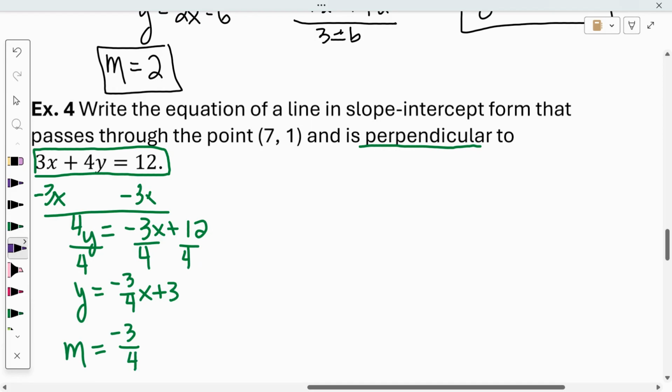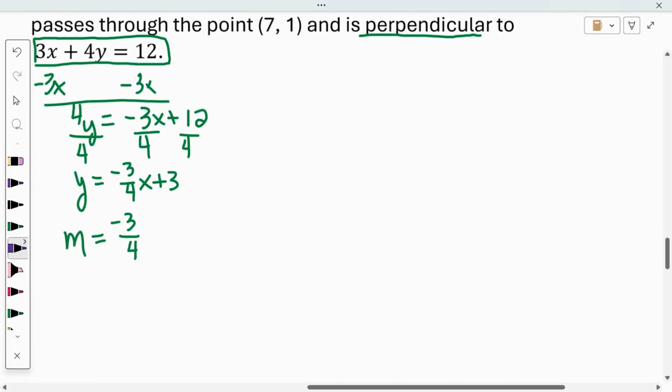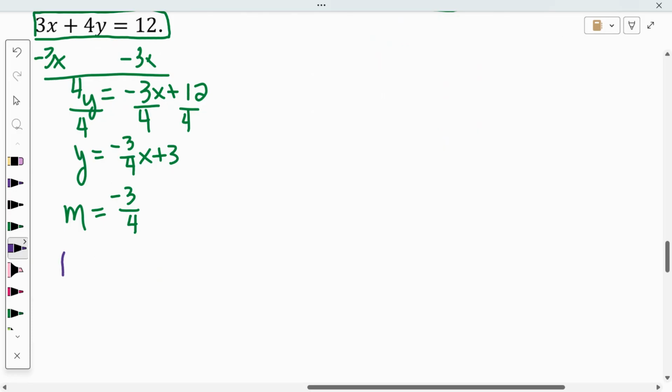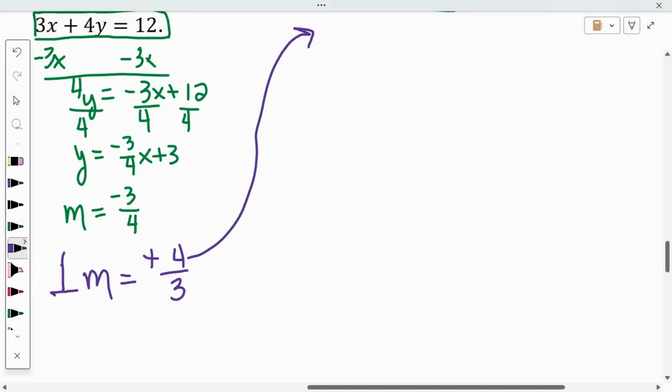So if I want the slope that's perpendicular to this line, the perpendicular slope is going to be the opposite, which means it's going to be a positive, and the reciprocal. Flip the fraction. So now I'm using the slope positive 4/3.